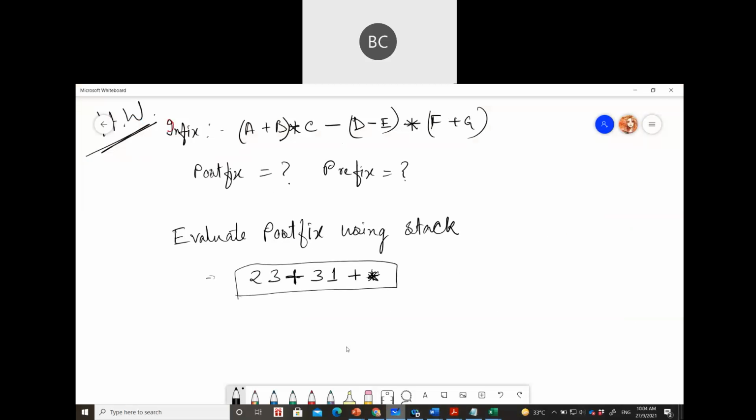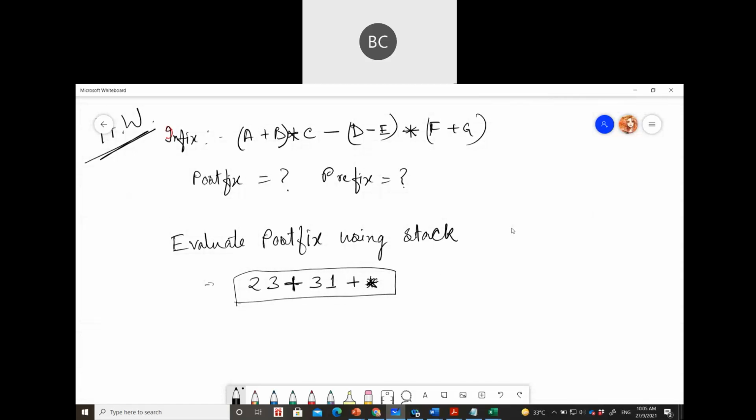This is the homework. It's an easy one. 2, 3, plus, 3, 1, plus, and multiplication. So you have to do both of them, 1 and 2.